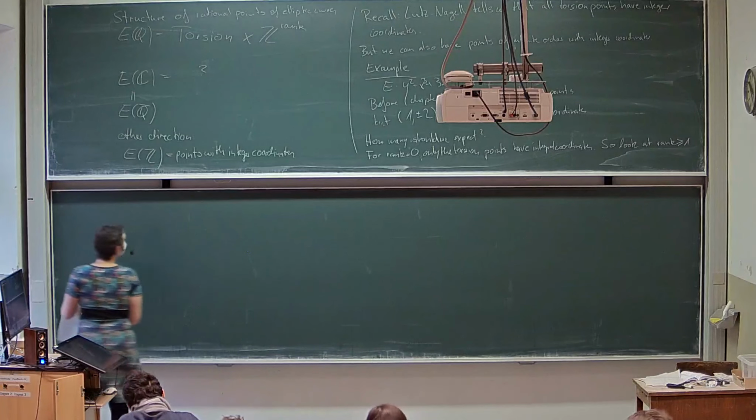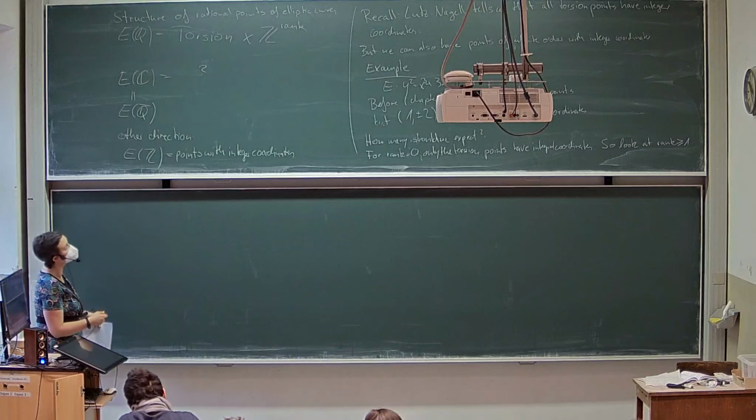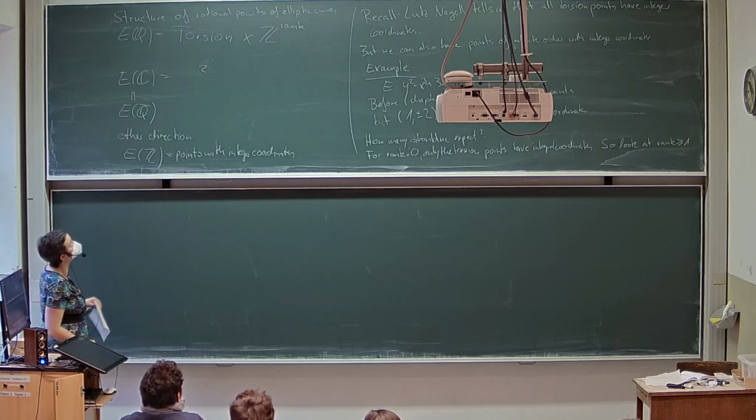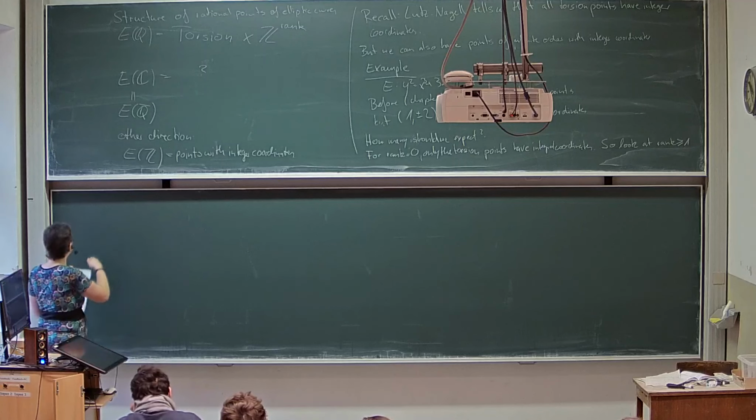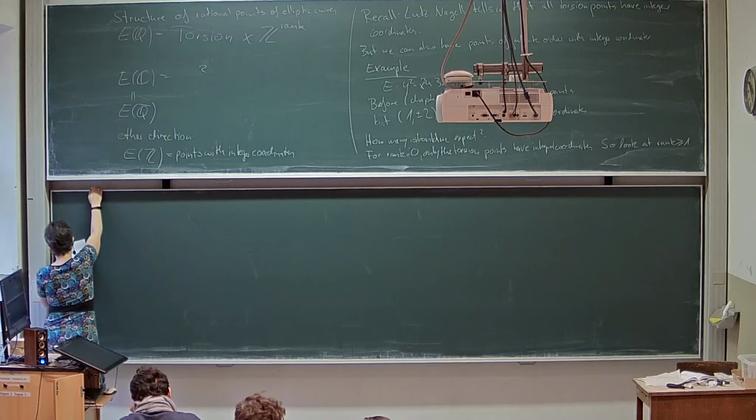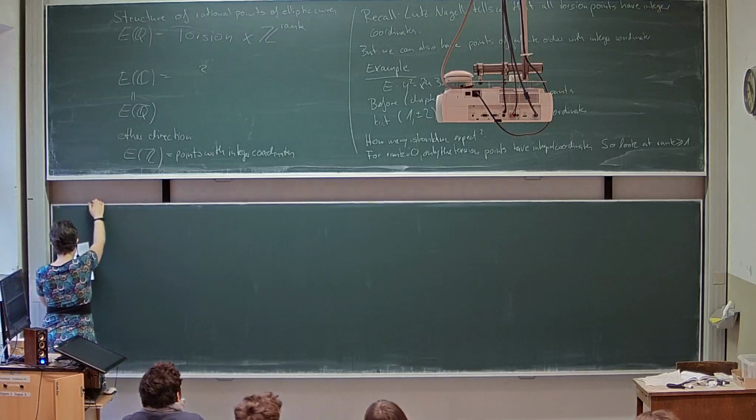If we have rank at least 1, we can find a point of infinite order that generates infinitely many points with rational coordinates.